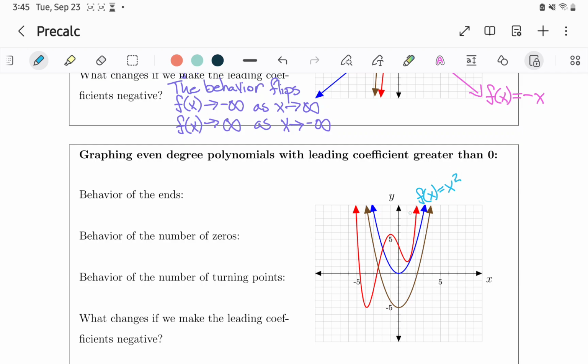And so as we can see from its graph, as x goes to plus or minus infinity, f of x is going to tend to infinity. The values are just going to go up and up. So f of x goes to infinity as x goes to plus or minus infinity.